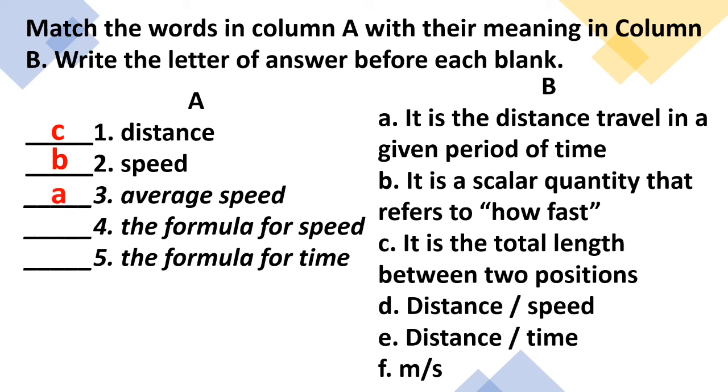Letter A. It is the distance traveled in a given period of time. Number 4, letter E. The formula for speed is distance divided by time. How about the last one? Letter D. The formula for time is distance divided by the speed. Did you get it all?